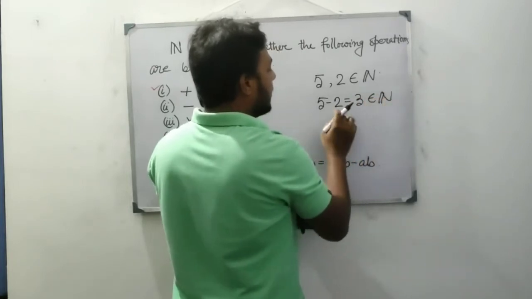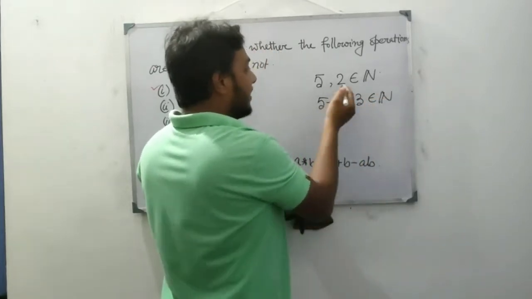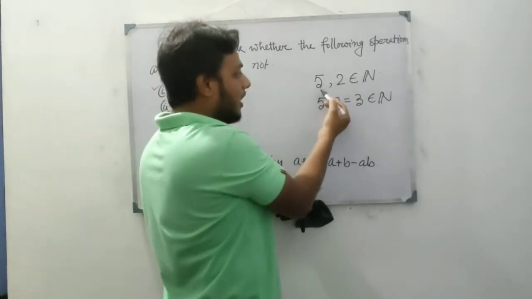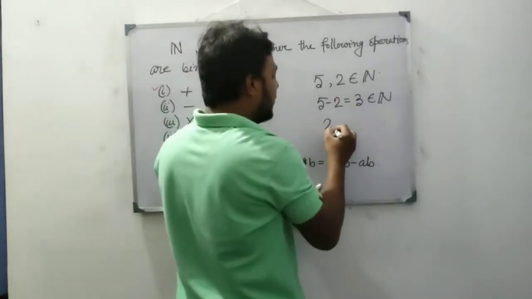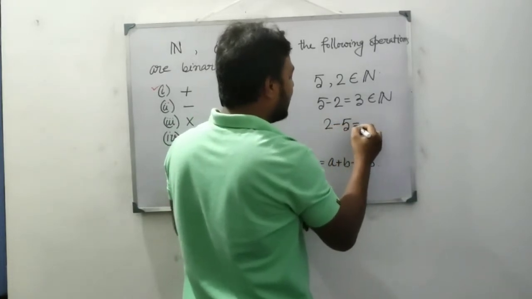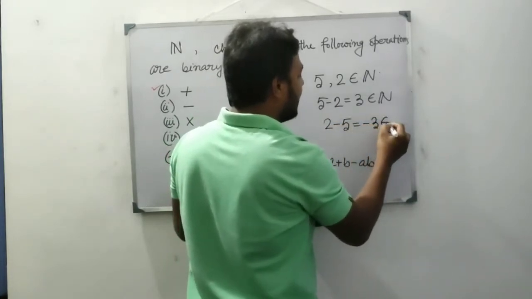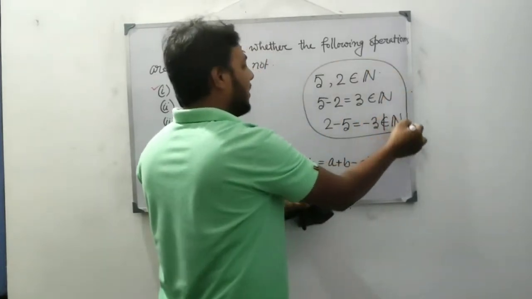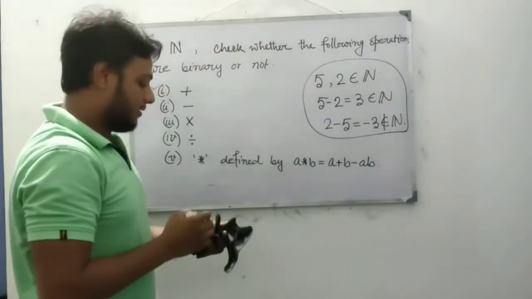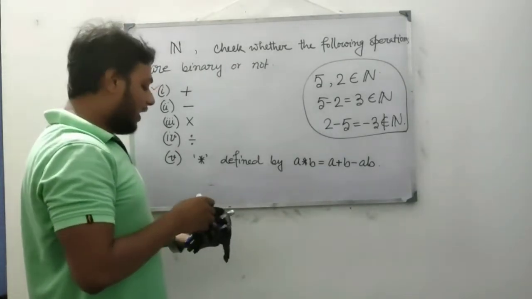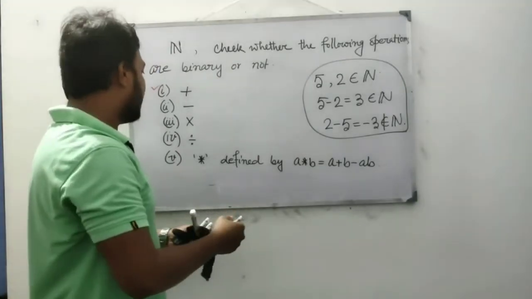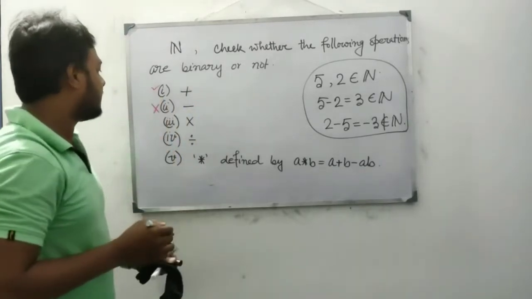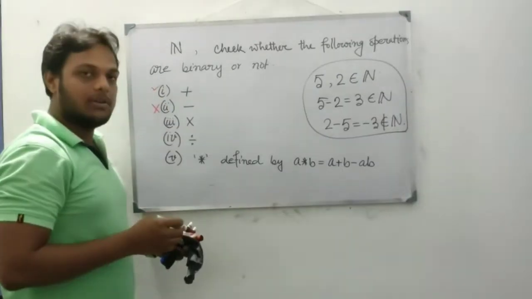But if someone chooses 2 first and then 5, then 2 minus 5 equals minus 3, which is not a natural number. So we can say that minus is not a binary operation on the set of natural numbers.